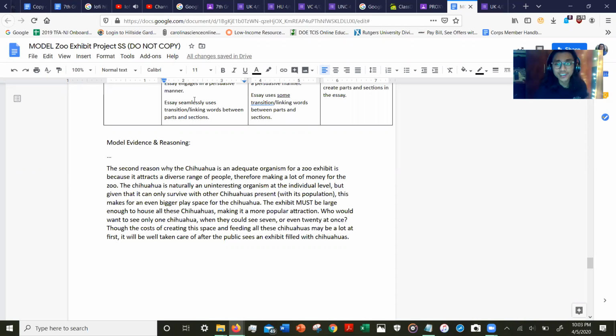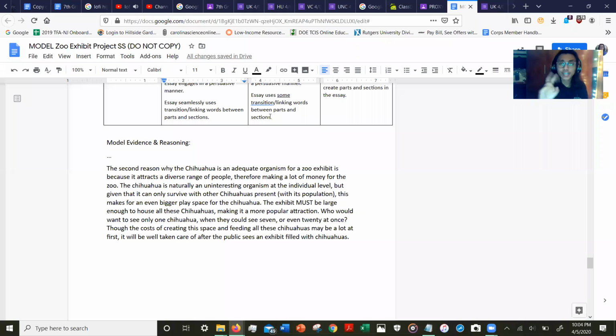That is a criteria and research directly related. That's evidence. The reasoning here is that I'm making it sound like, this is where the persuasiveness comes in. I'm saying that because my zoo has a criteria of bringing a lot of customers in to make money, the Chihuahua does that.